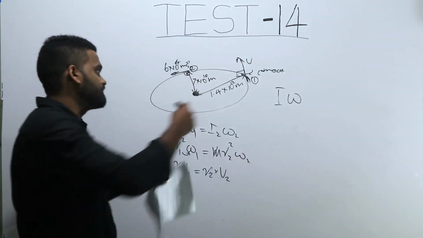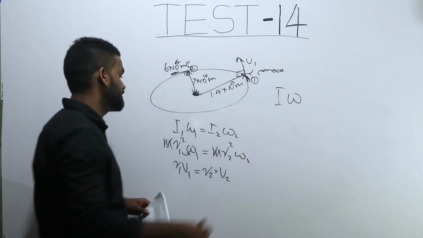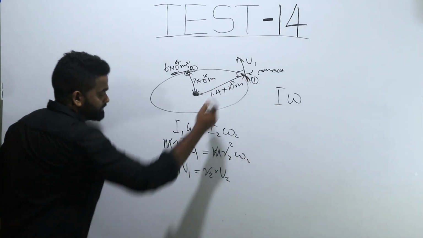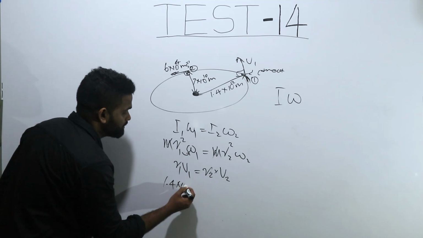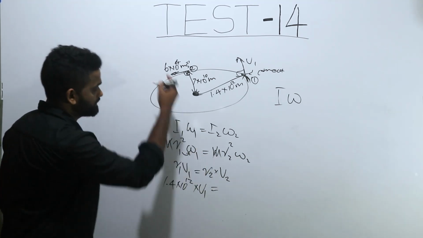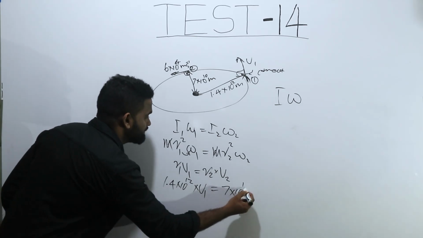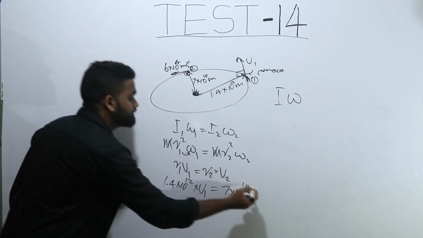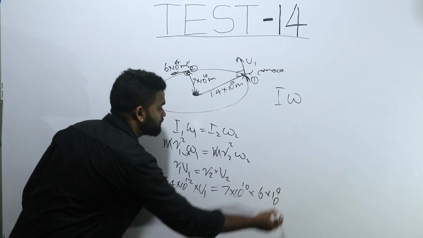Actually, what we need is the v1 velocity. R1 is 1.4 times 10 to the 12. v1 we need. R2 is 7 times 10 to the power 10. v2 is given as 6 times 10 to the power 4.